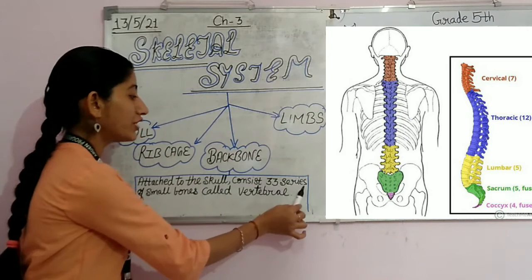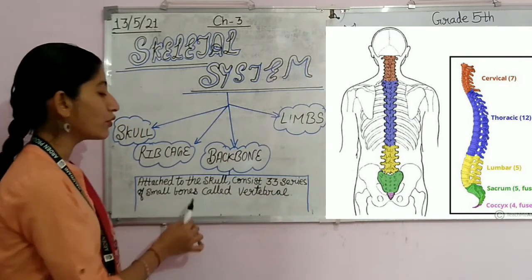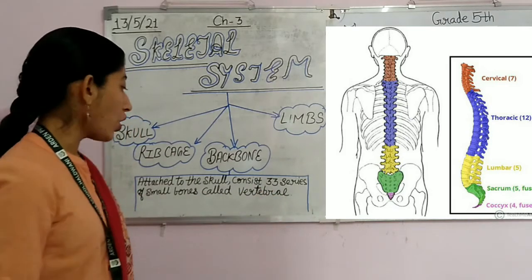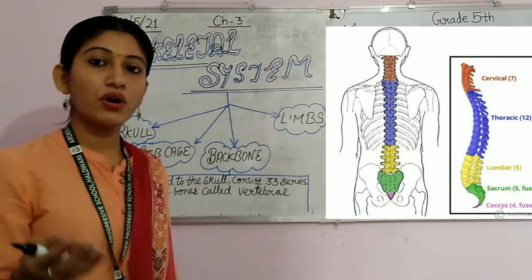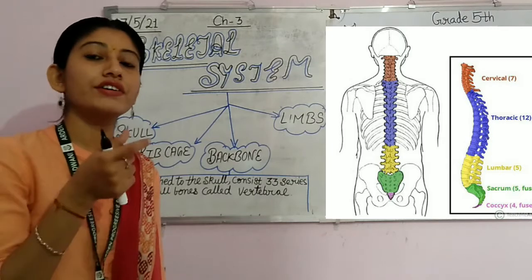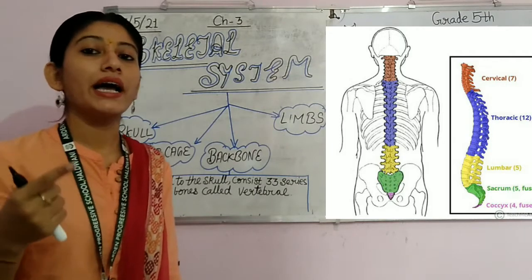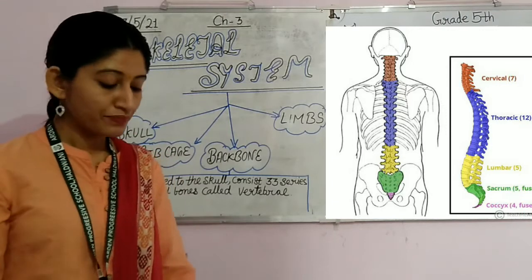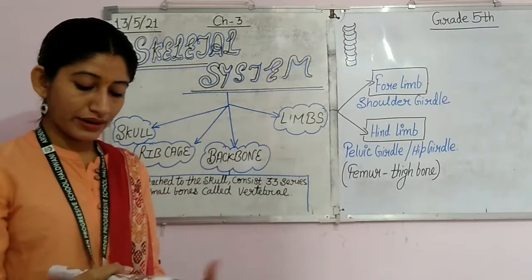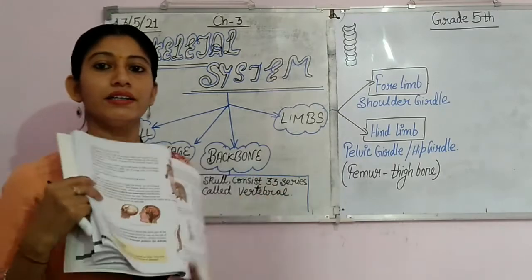It consists of 33 series of small bones called vertebrae. And now you all know what the vertebral column is. The arrangement of 33 small bones forms a type of column called the vertebral column. Okay, for better understanding, you can see this picture here.